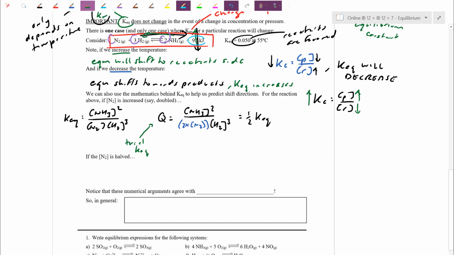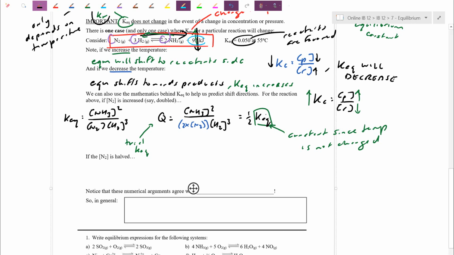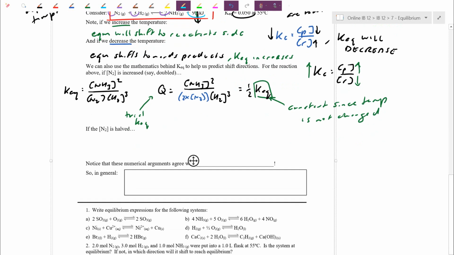Because I didn't change temperature, KEQ stays constant, since the temperature is not changed. Right now, Q, which is products over reactants, is only half what it should be. The Q has to get bigger so that it approaches KEQ.